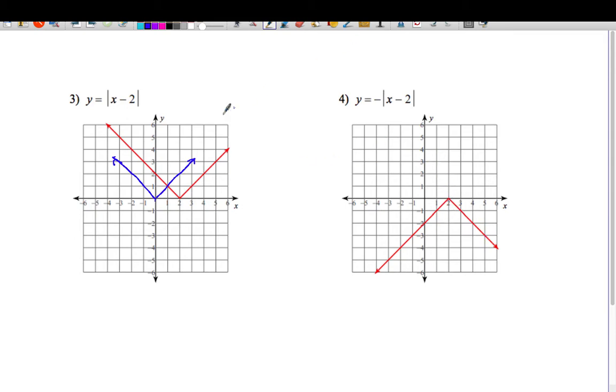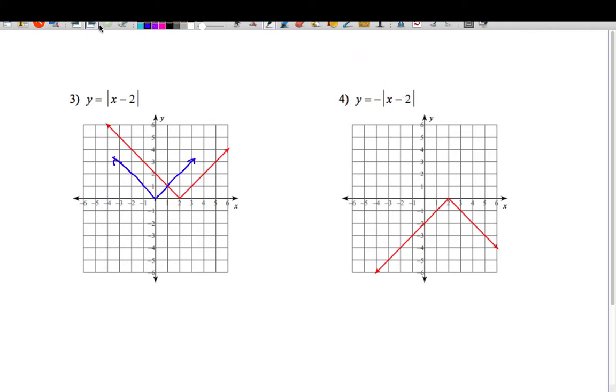So from this red graph, think of it as folding the paper downward and creating a crease here at the x-axis. So the folded paper will result in this graph of y equals the negative of the absolute value of x minus 2.